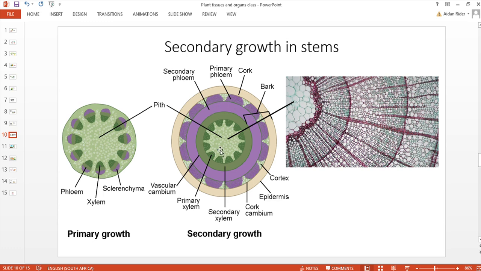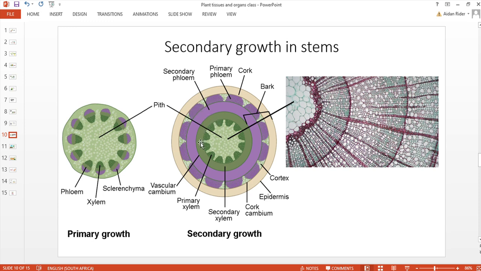The circles multiply. So if you look here, this epidermis here is this part here. You can see that this is the xylem, but now the phloem is way over here as it has been growing.